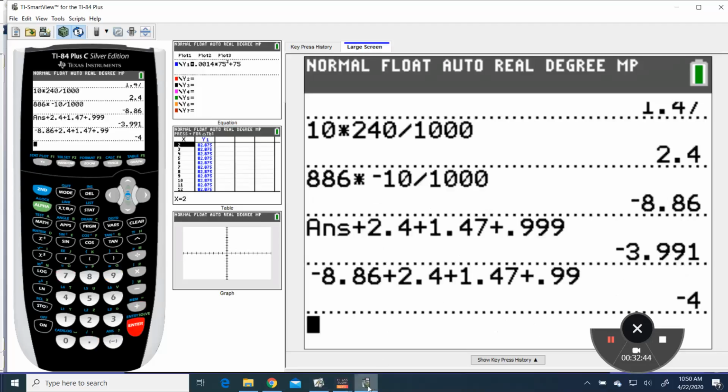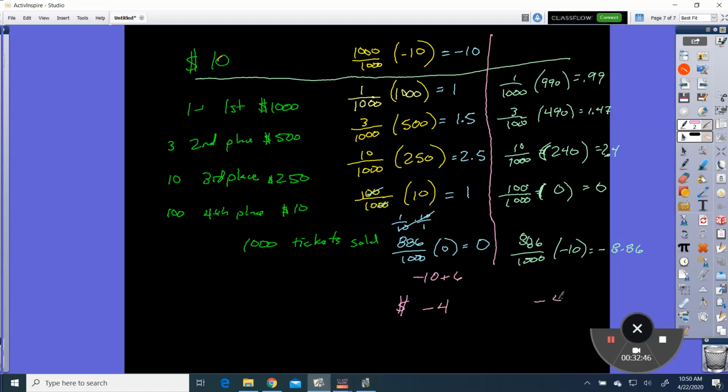And I get negative 4. So it's two different ways of thinking about it. But your expected value for the group is that every person is going to lose $4.